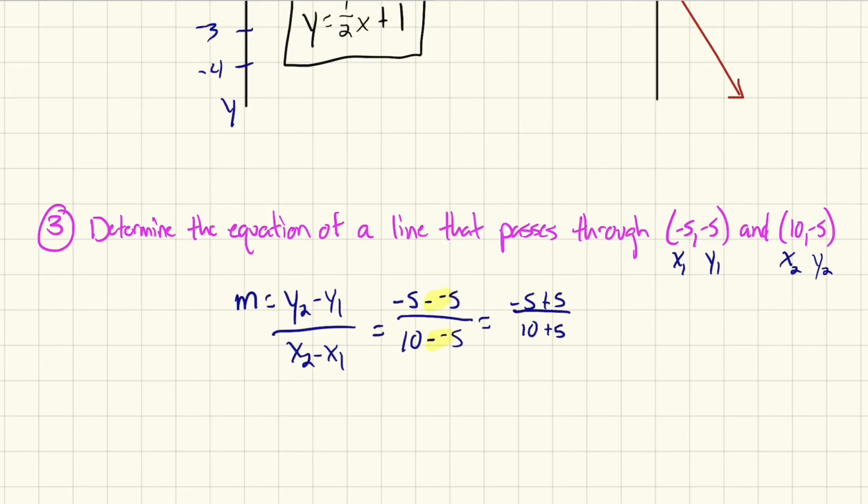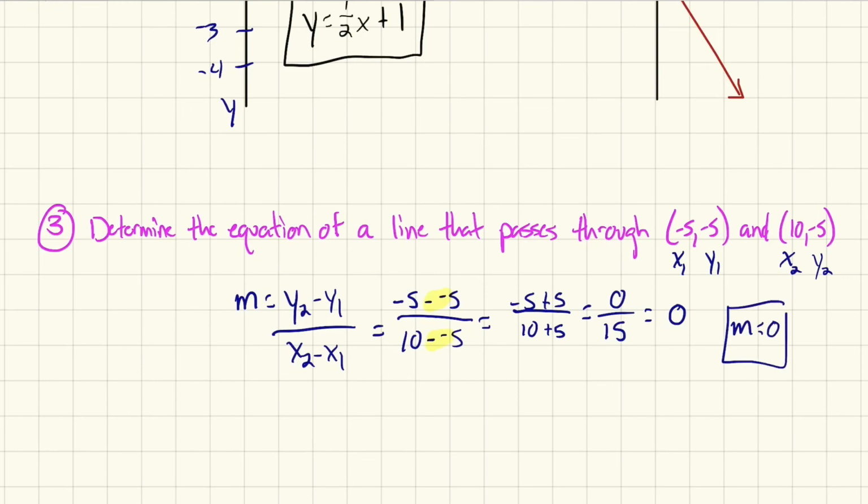Well, from here, we end up getting -5 plus 5 is 0, and 10 plus 5 is 15. And as we've covered before, 0 over 15 is just a slope of 0.